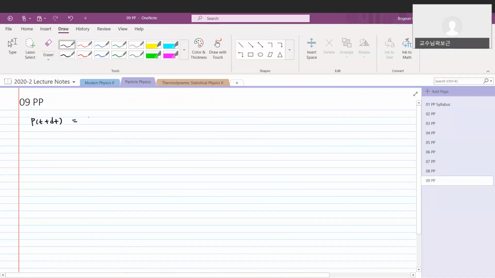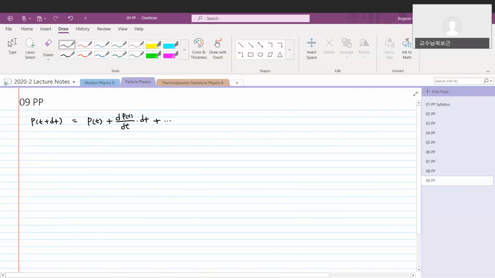The leading term is at dt equals 0, and the second term is P'(t) dt, and there are other higher order terms.